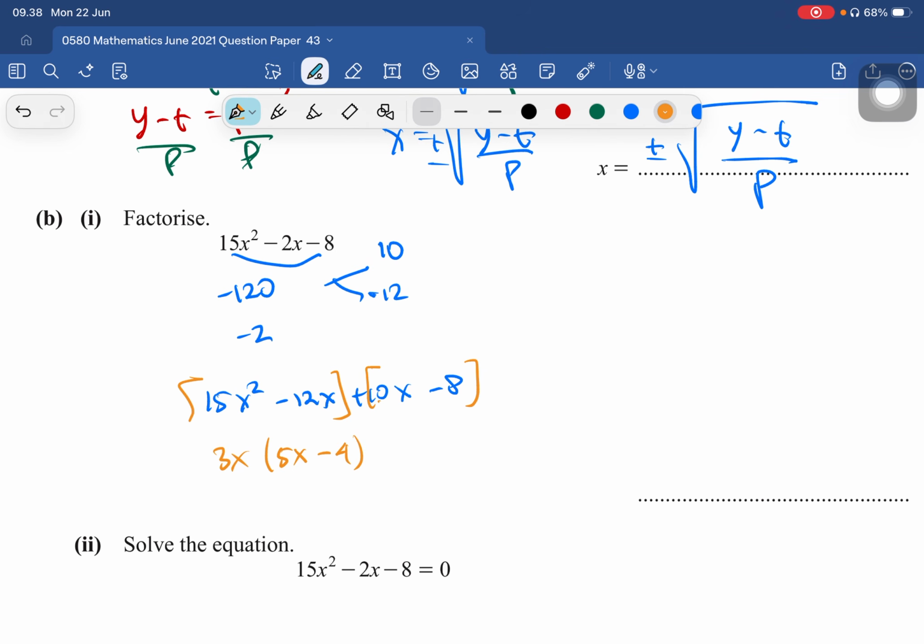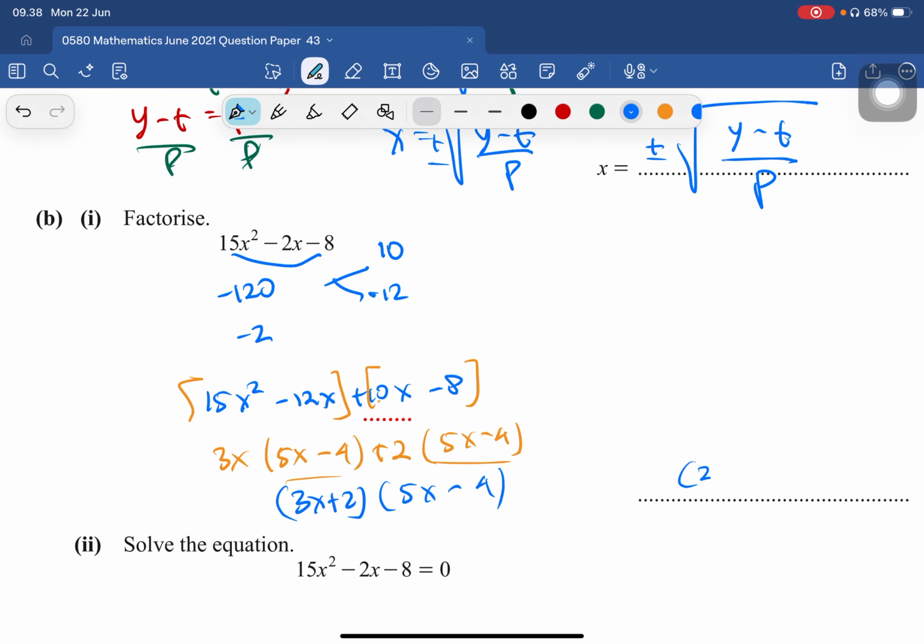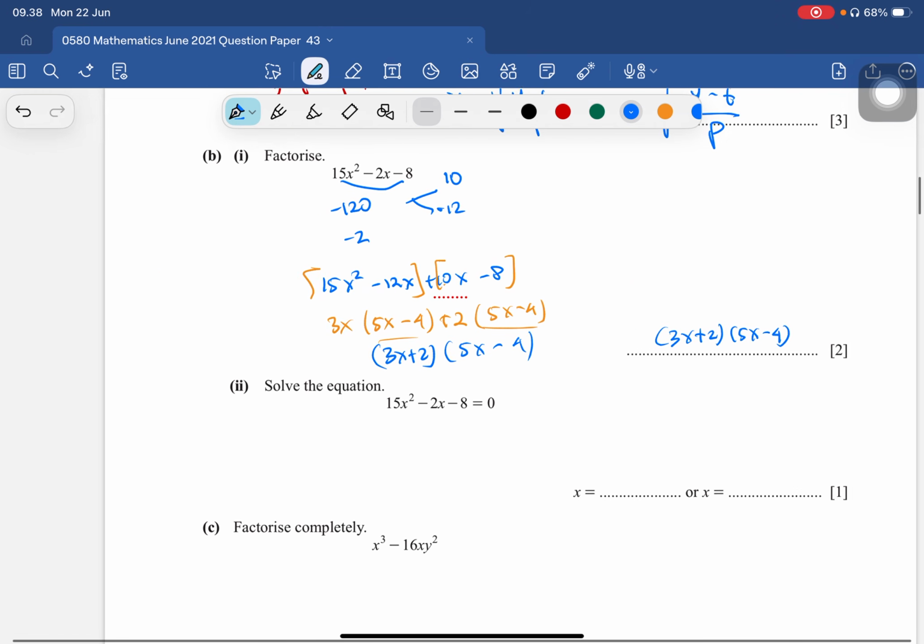Then 10x minus 8, we take out 2, so the remaining is 5x minus 4. Okay, the brackets are equal. So this is 3x plus 2 multiplied by 5x minus 4. So we got 3x plus 2 and then 5x minus 4 when we factorize it.